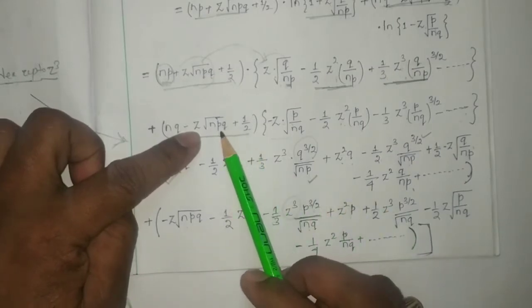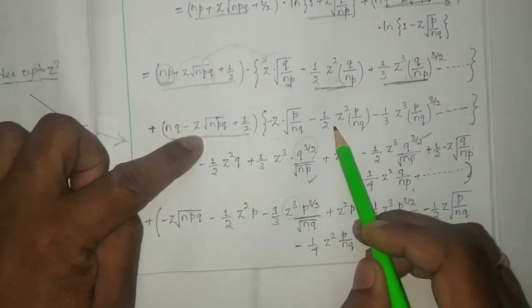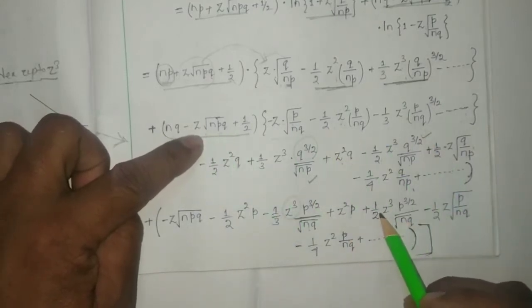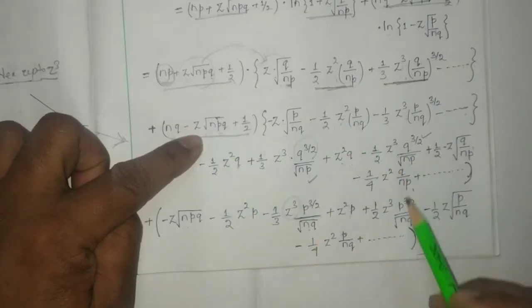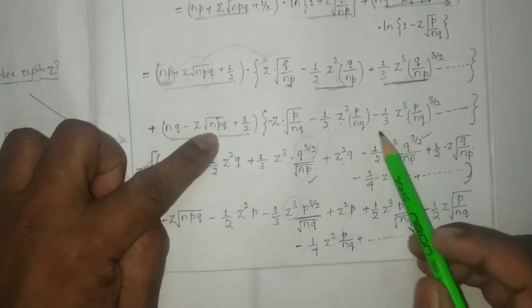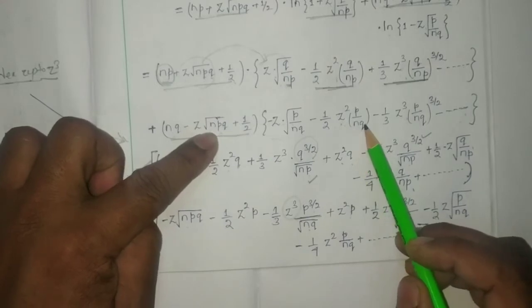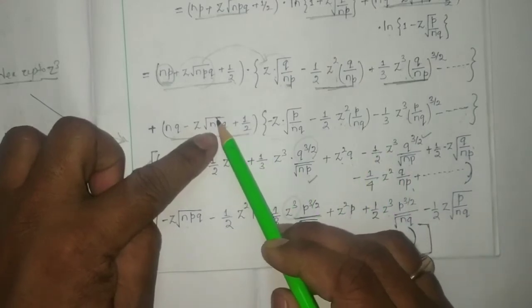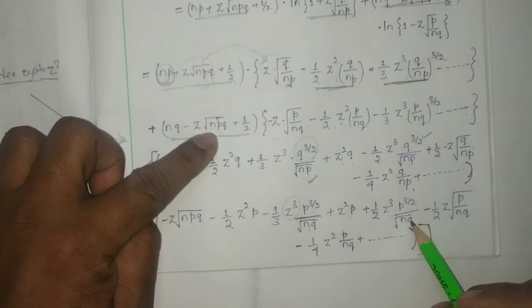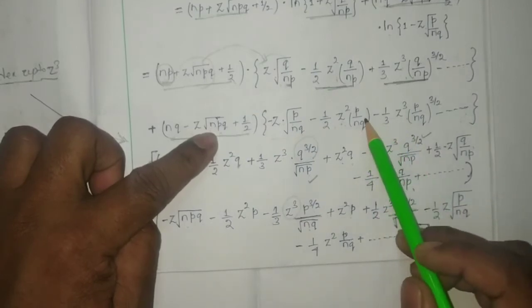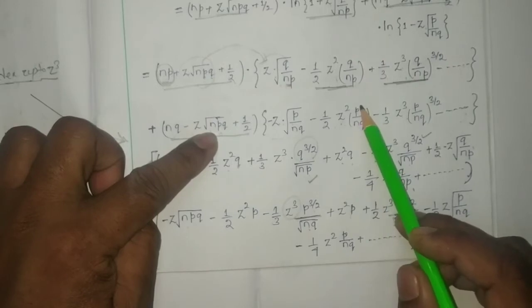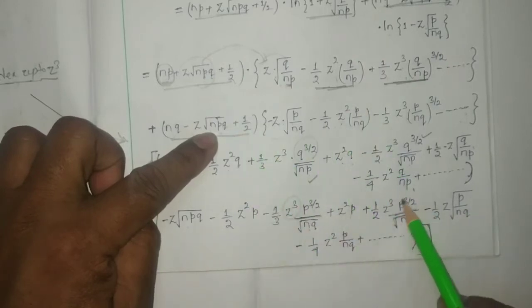This term, this one with this. So it will be plus 1 by 2 z into z square zq. Here you can see nq and nq root over got cancelled. So automatically nq root over will be at the denominator, and here p to the power 1, and here p to the power 1 by 2. So p to the power 3 by 2.